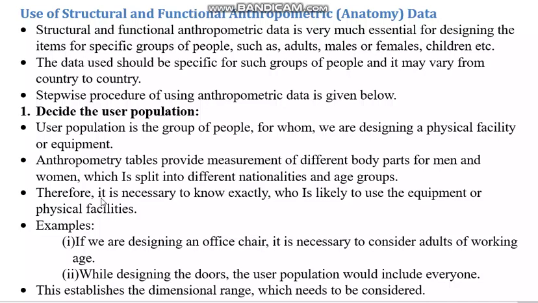It is not that all Kenyans or all Nigerians or all Indians are of the same size. What we say is the average or mean dimensions. Therefore, it is necessary to know exactly who is likely to use the equipment and physical facilities.